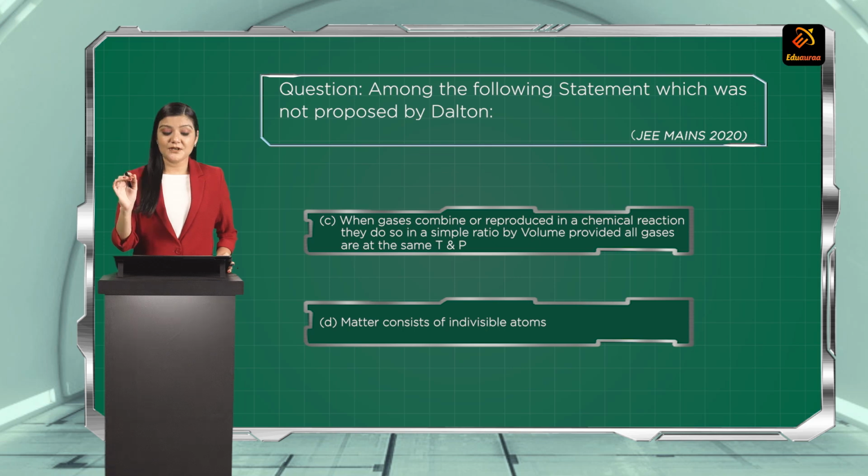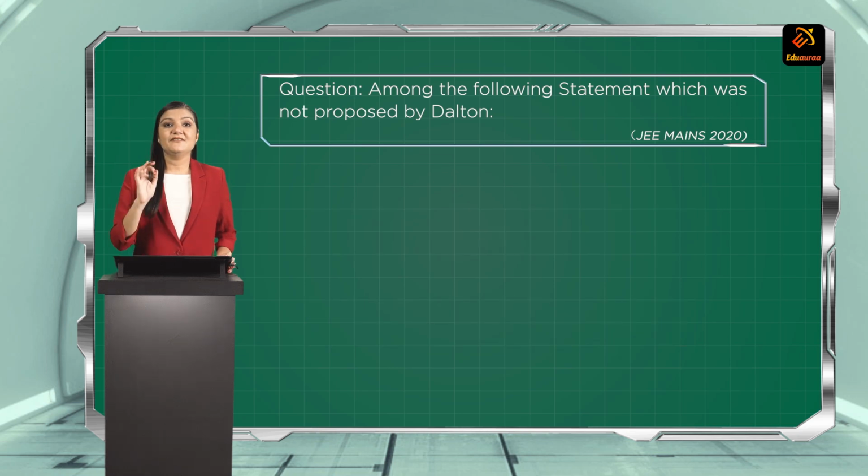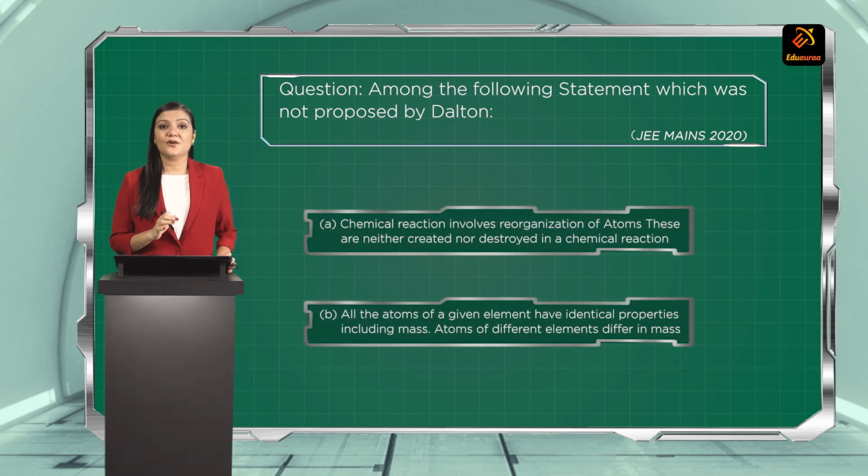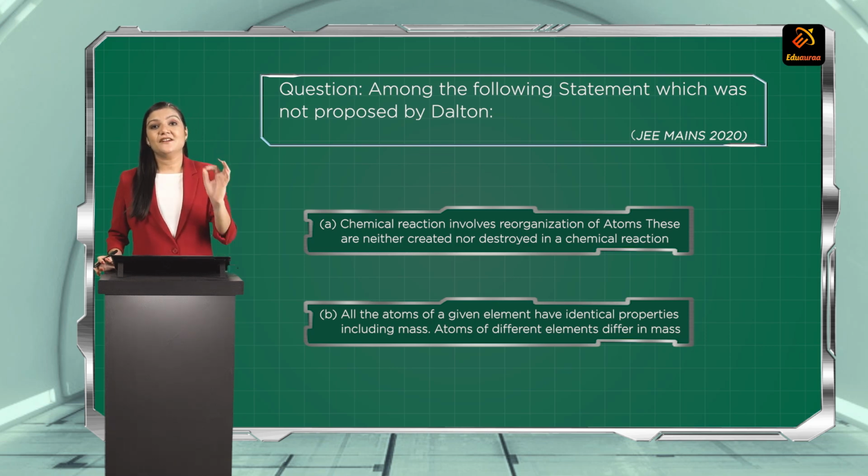Now, in the question they have asked which of the following is not proposed by Dalton. When we consider Dalton, then according to Dalton, the chemical reaction involves reorganization of atoms. These are neither created nor destroyed in a chemical reaction. This statement is given by Dalton.